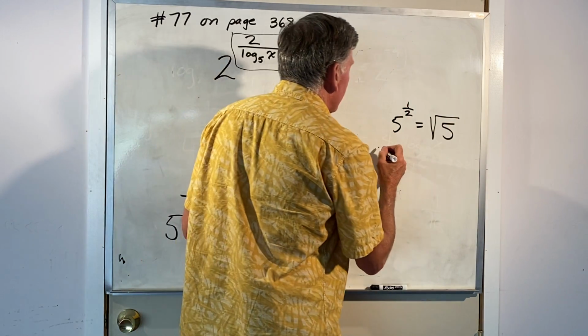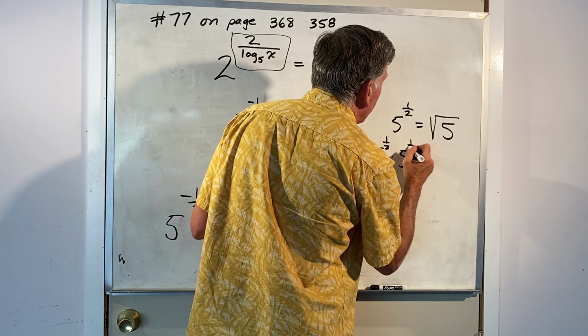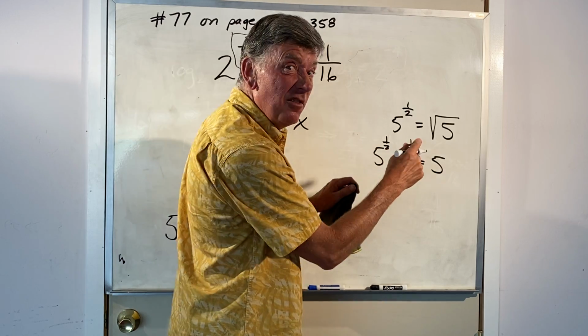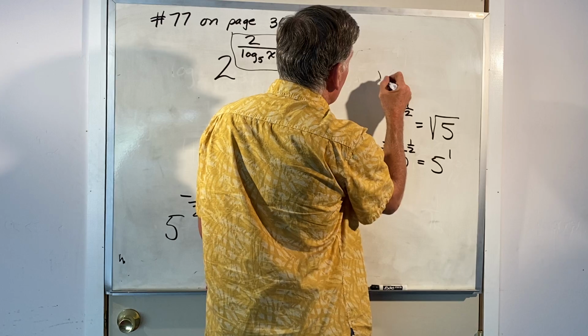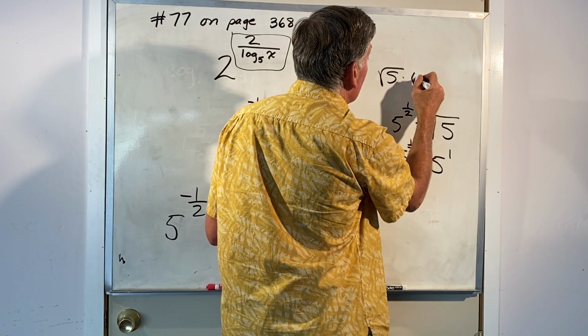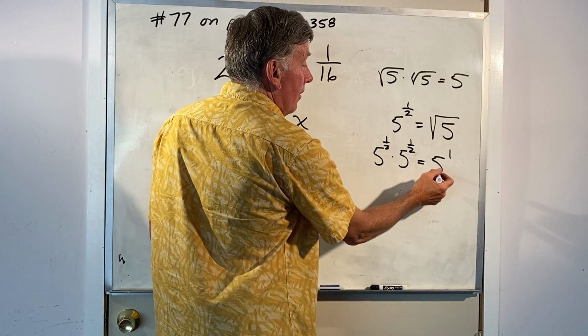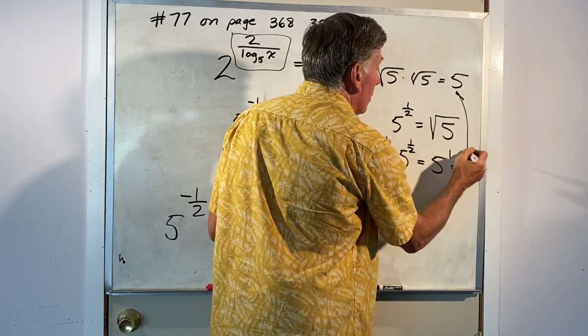I can prove that by saying 5 to the 1/2 times 5 to the 1/2 is equal to 5. Add the exponents, 1/2 plus 1/2 is 1. And isn't it true that the square root of 5 times the square root of 5 is equal to 5? 5 to the first power is 5. There we go.